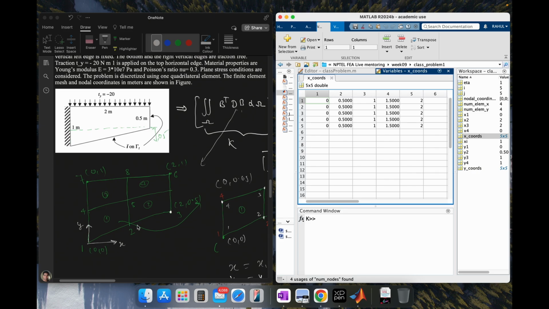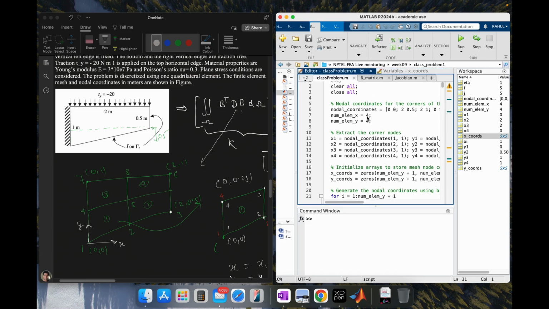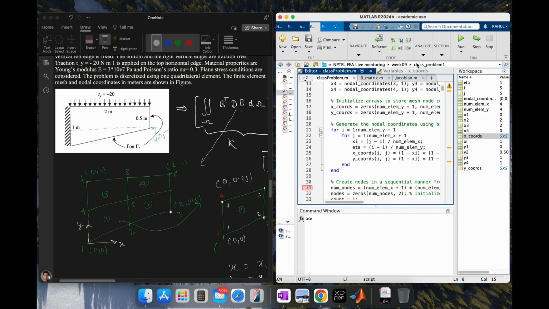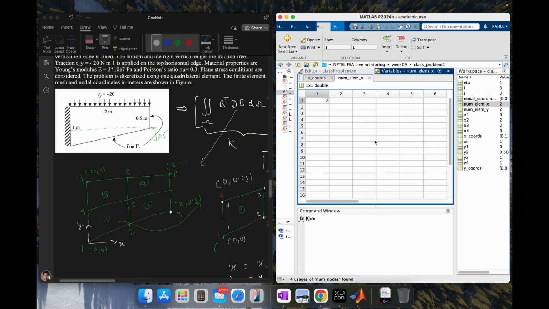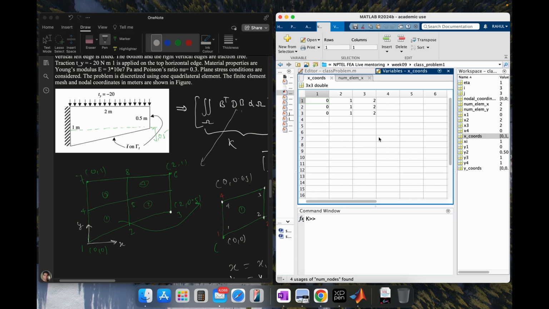Actually, what I am doing here is for each row we have created 4 elements. So I will create only two elements first, then we will extend. Let's run up to this point and we will see. For this element, the x coordinates will be 0, 1, 2.